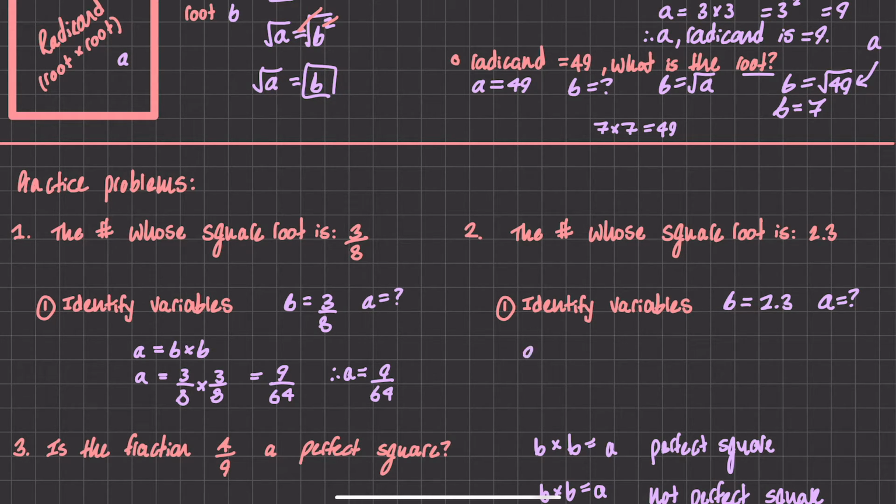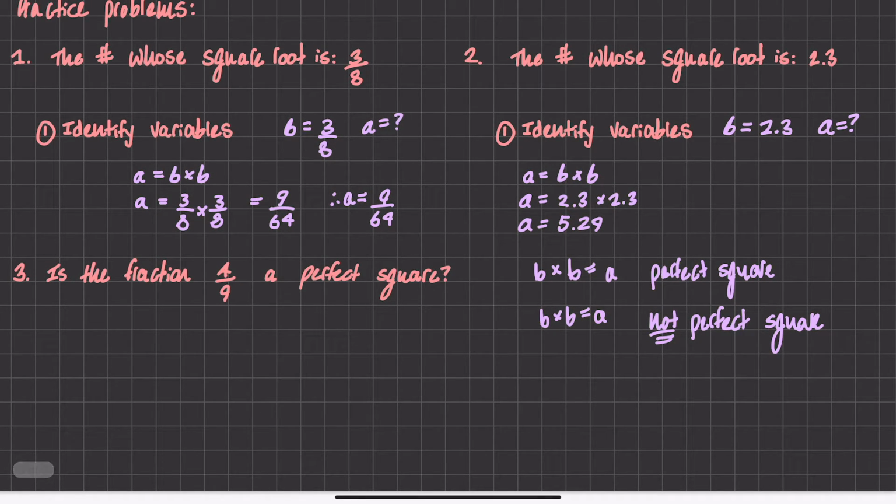So again, we use the same relationship. a is equal to b times b. And we're going to apply that. So a is equal to 2.3 times 2.3. And that is, if I am not mistaken, 5.29. Yeah, 5.29.